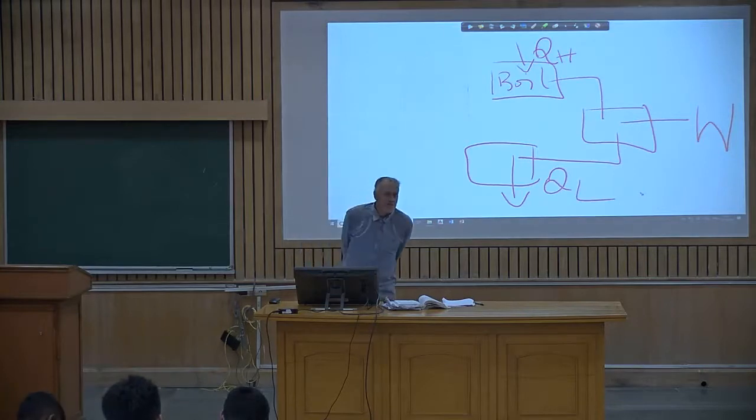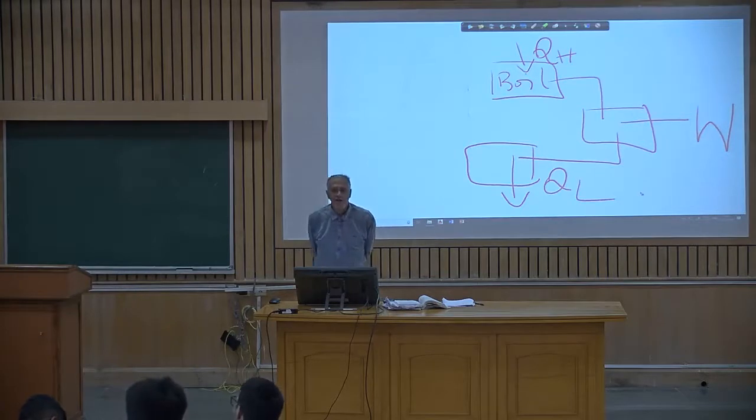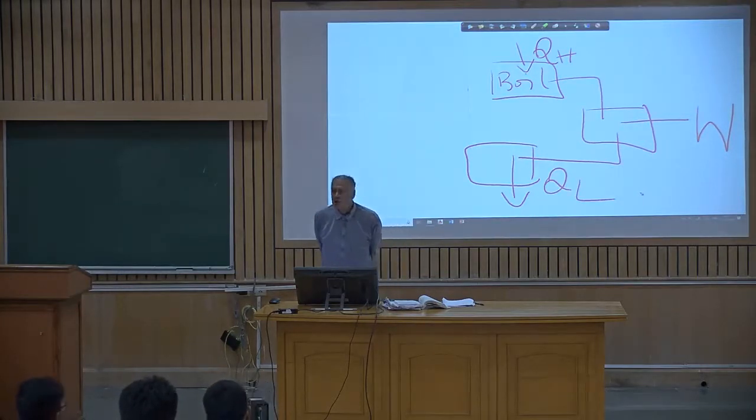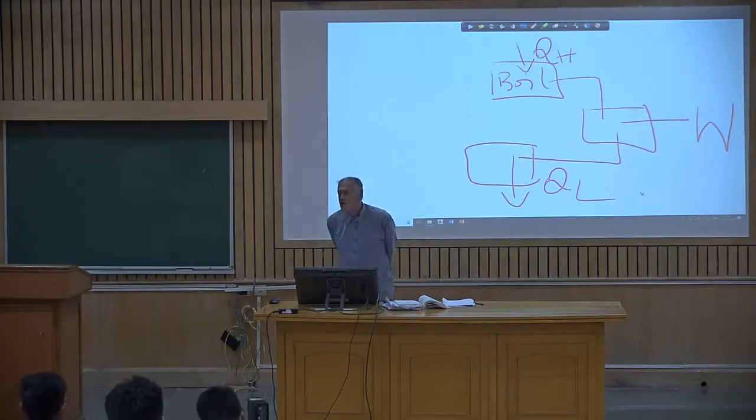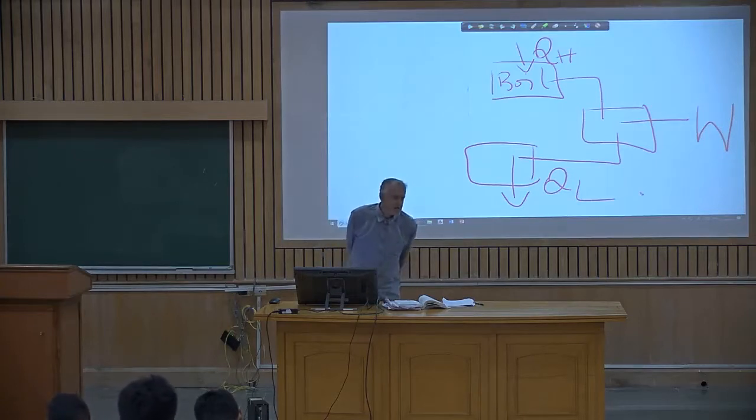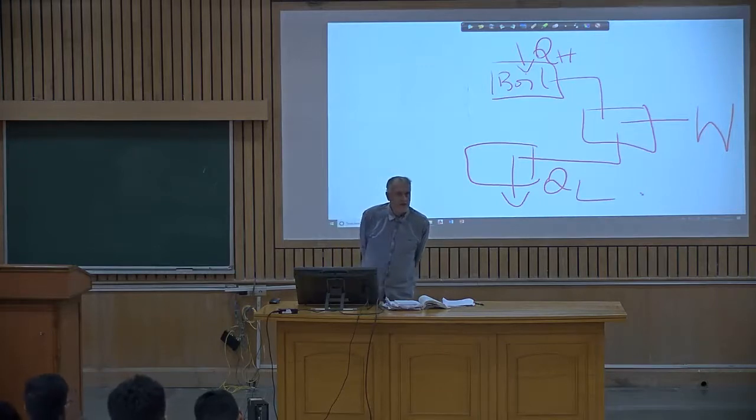If you give heat transfer, you will get work transfer. If you give work transfer, you will get heat transfer. Yes? You cannot have one without the other. It is interdependent. That's the take home for today, that Q and W are interdependent.